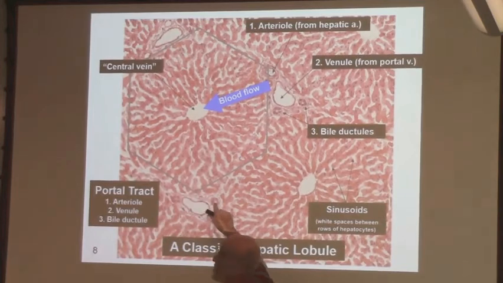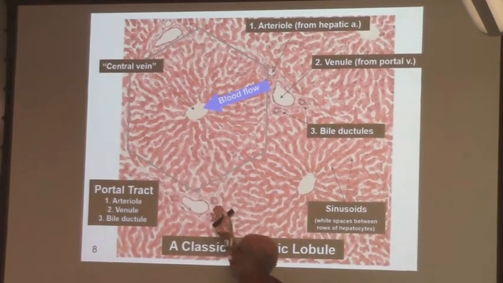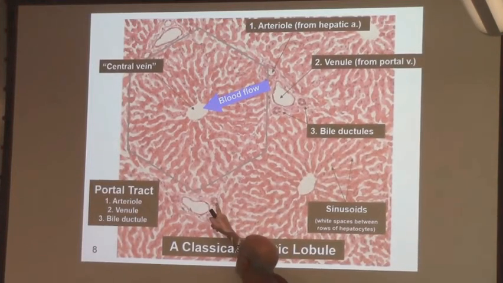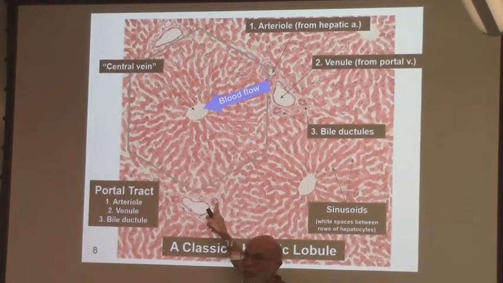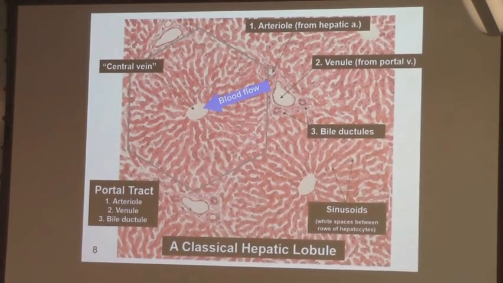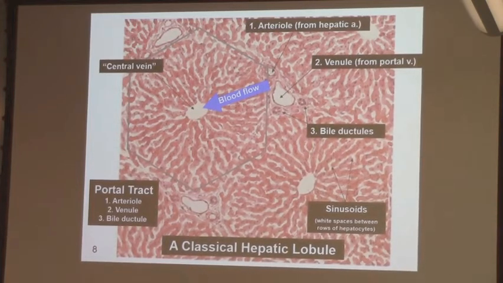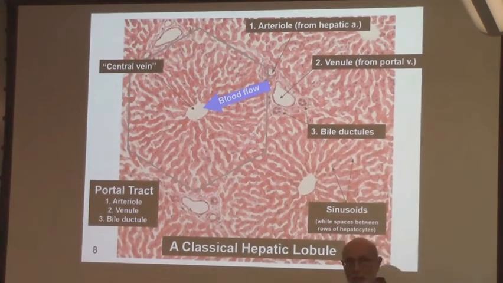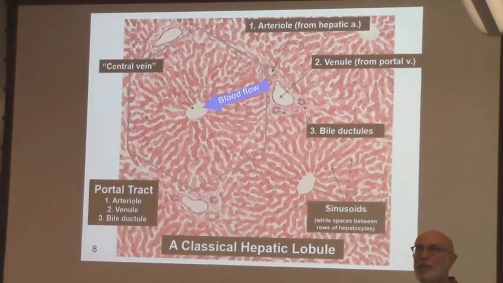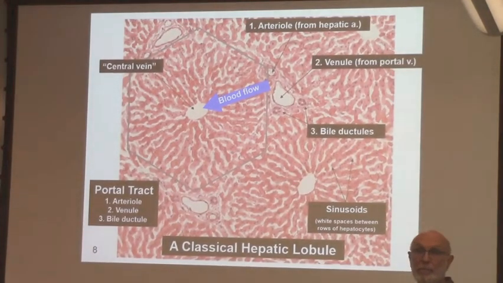And this is what's going to drain bile from little tiny vessels here into a less tiny vessel that will join into the bile duct. Does that help? The white spaces are the sinusoids, analogous to capillaries, but not capillaries, because they're not lined with endothelium.